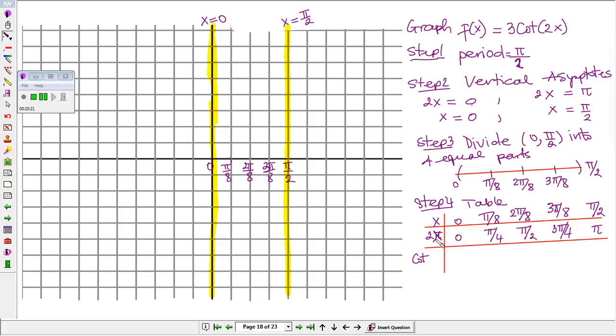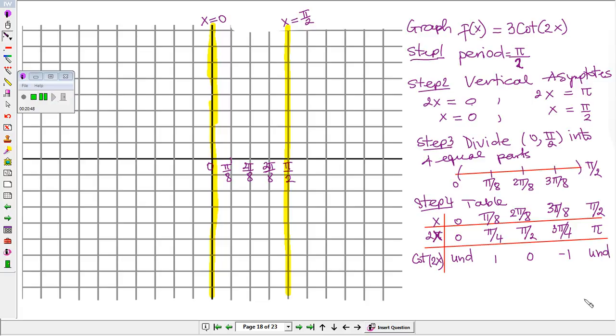Next, you want to find cotangent of that, not pi, cotangent of 2x. Again, we know that the cotangent of 0 is undefined. Cotangent of pi over 4 will be 1. Cotangent of pi over 2 will be 0. 3 pi over 4 gives negative 1.